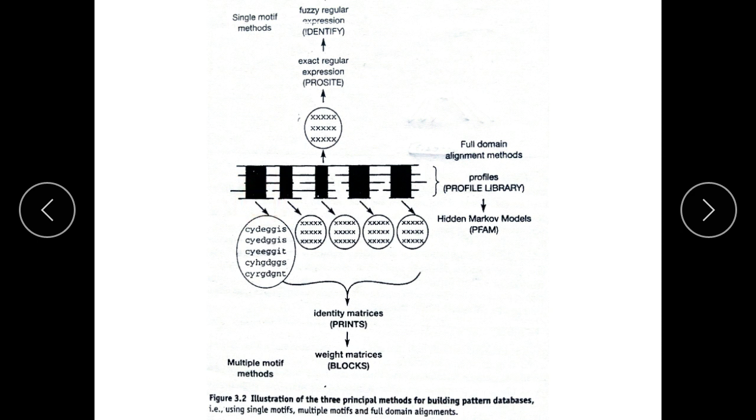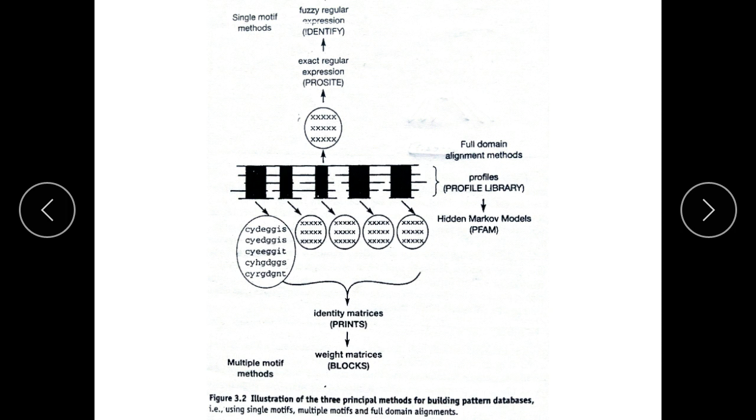Suppose this is C, Y, D, E, G, G, I, S. The first letter C is common to all, the second Y is common to all, but at the third position there is a different residue: D, E, H or R. But next only E and D are there, then G and D. So this is a specific type of sequence which is found in each and every sequence.